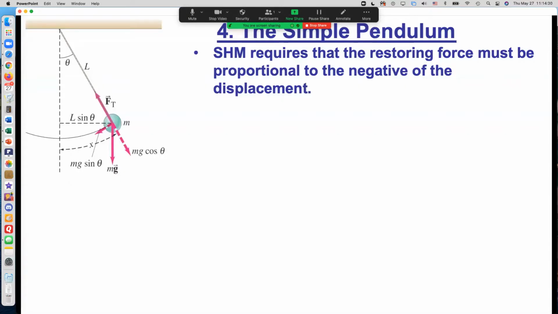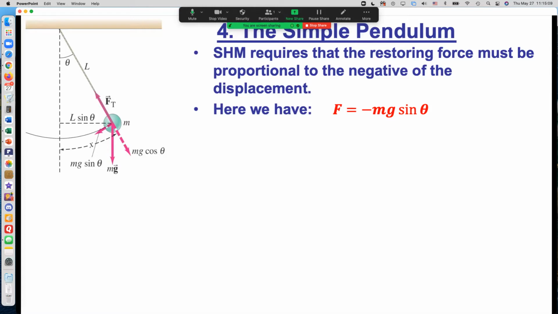Okay. The problem with a pendulum is that simple harmonic motion requires that the restoring force be proportional to the negative of the displacement, right? Here we have the force being negative mg sine theta. That's what the restoring force is, negative mg sine theta, the component of the weight force. That is not a proportional relationship.